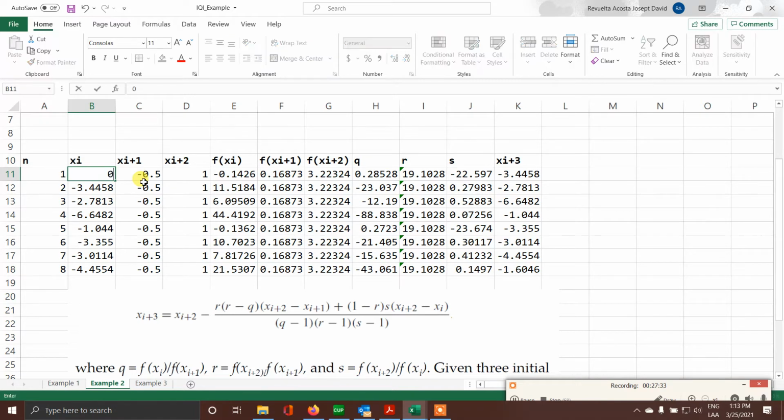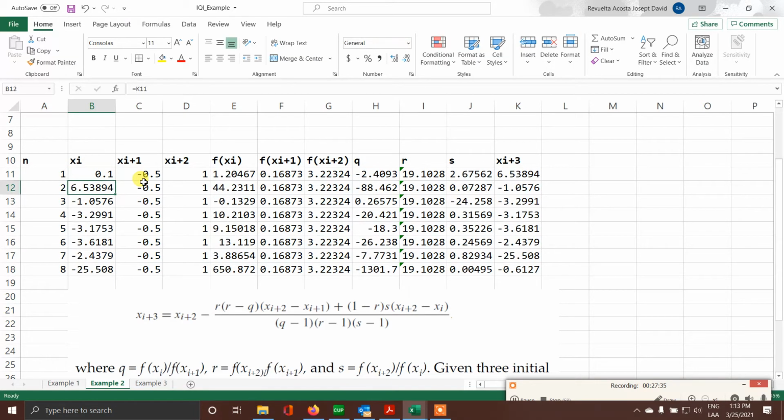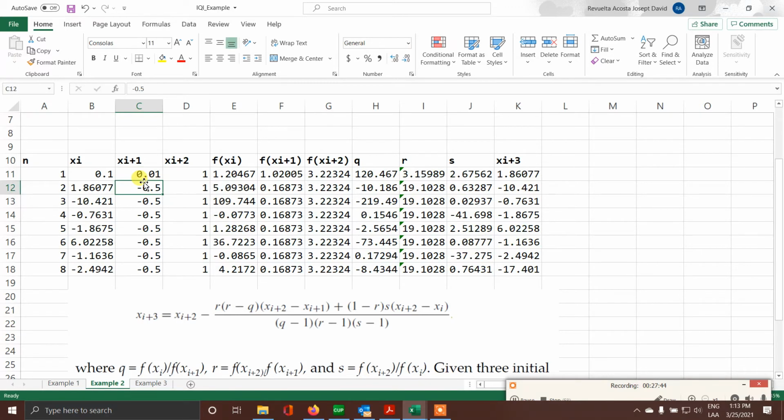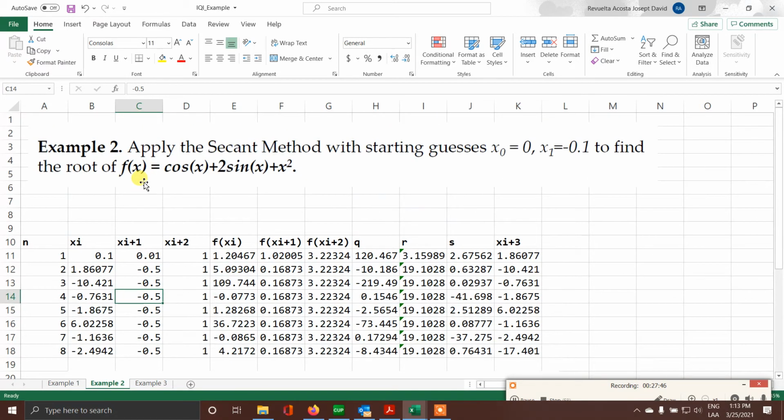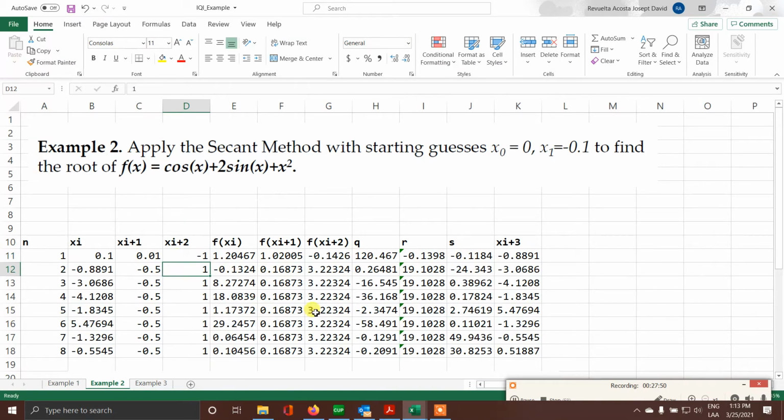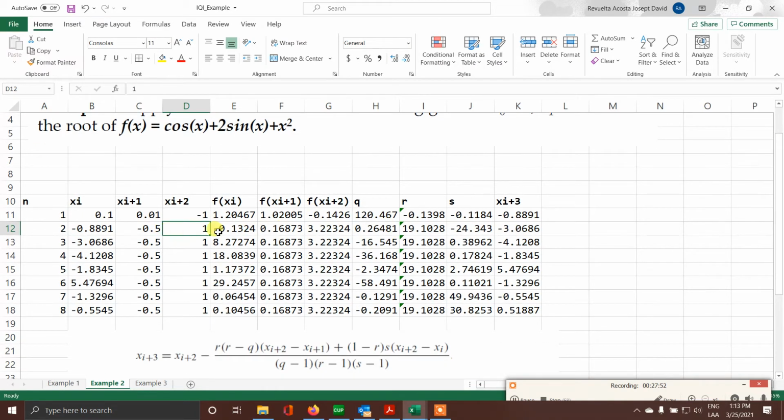I'm not sure this is correct. So, minus 1, 0.1, and 1. How much is this one? 0.65. So let's see what happens if we actually extend the iterations.